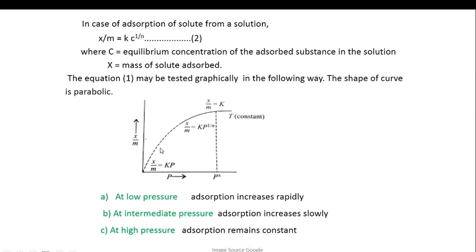The graph clearly shows that at lower pressure adsorption increases rapidly, at intermediate pressure adsorption increases slowly, and at higher pressure adsorption remains constant. At higher pressure there is no space available for adsorption, and hence x/m = k, that is constant.